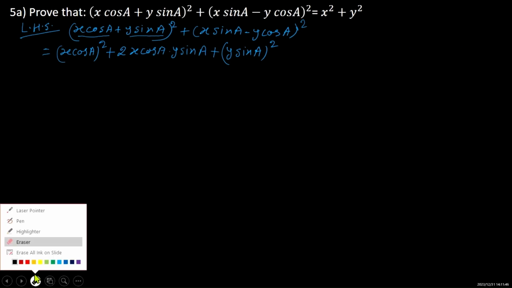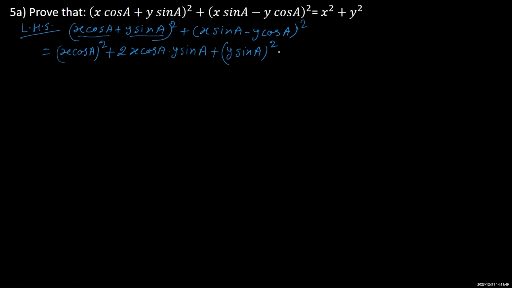We'll apply the formula of (A - B) whole square, and we'll get (x sin A) square minus 2 into x sin A into y cos A plus (y cos A) square.